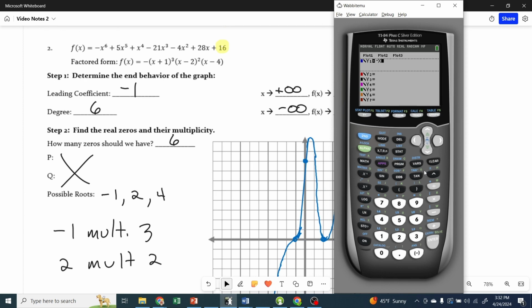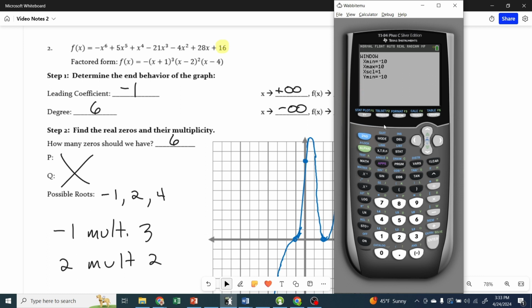So we have negative x to the 6th plus 5x to the 5th plus x to the 4th minus 21x cubed minus 4x squared, oops, not times, minus 4x squared plus 28x plus 16.